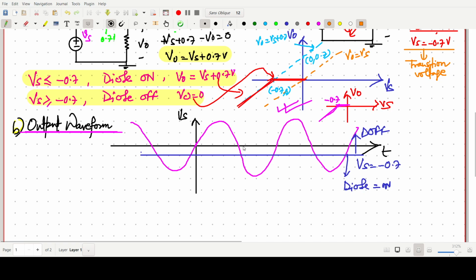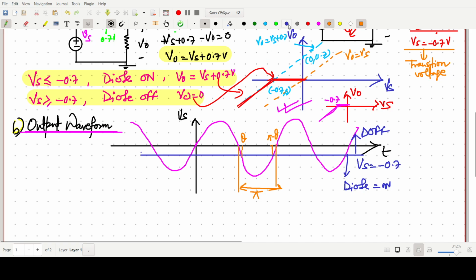So for example, I am saying this point is theta, and this point is pi minus theta. We are just considering this whole portion, having a total of pi radian. This angle is theta, so this will be pi minus theta.